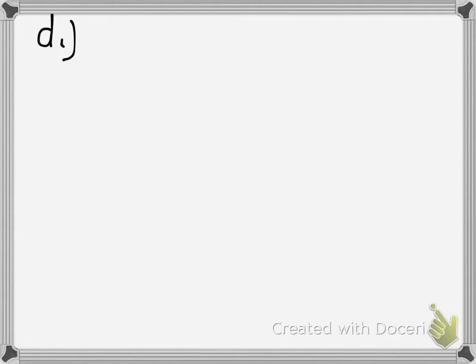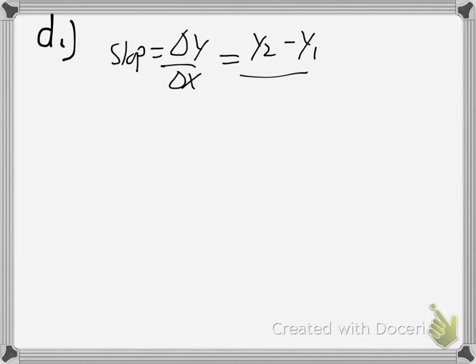Let's please read that carefully; I've seen that missed many times before. So, slope is change in y over change in x. We just need to pick 2 points here, right? So y2 minus y1 over x2 minus x1.